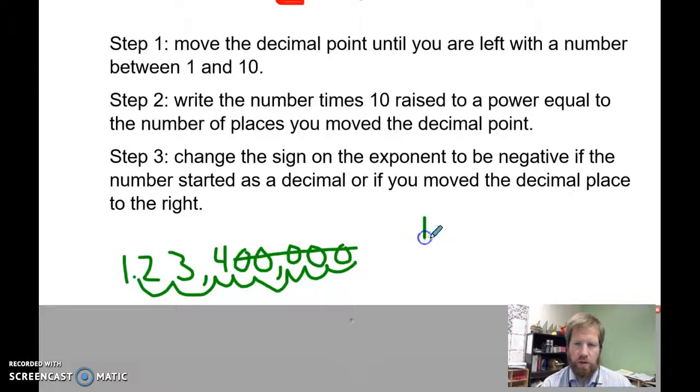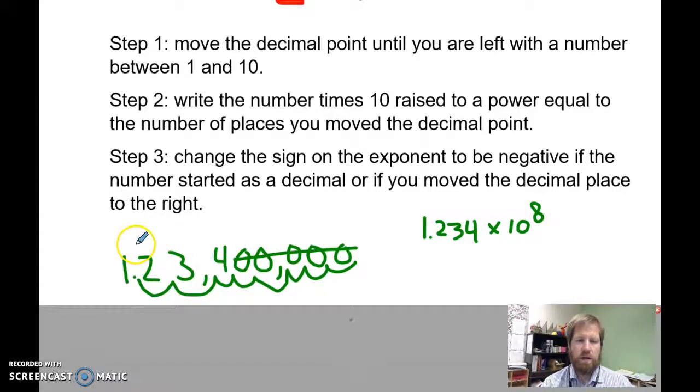So I have 1.234 times 10. All right, that's the same all the time. You put that times 10. And then however many places you went over to the left, you're going to have a positive exponent. So 1, 2, 3, 4, 5, 6, 7, 8. 1.234 times 10 to the 8th.